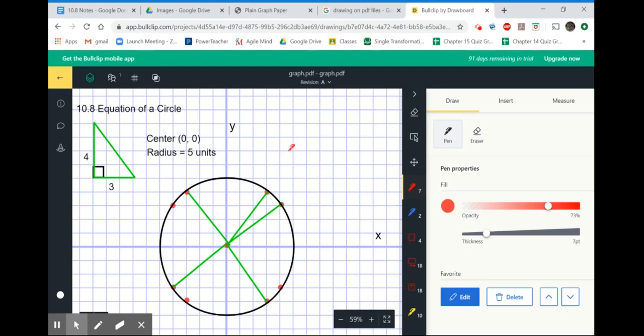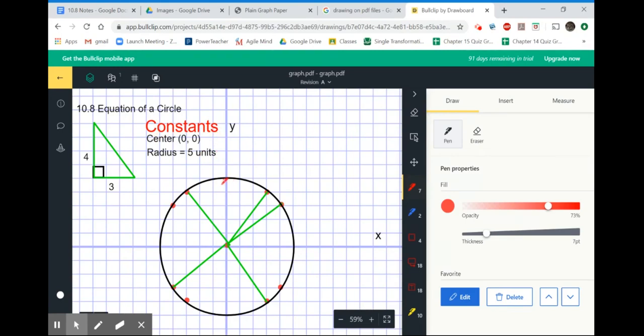Okay, now I want to talk about something else about this circle. In this circle, we have constants and we also have variables. So let's talk about the difference between those two and what are the constants and what are the variables. So first of all, center 0, 0 and radius of 5 units are constant. Why are they constant?